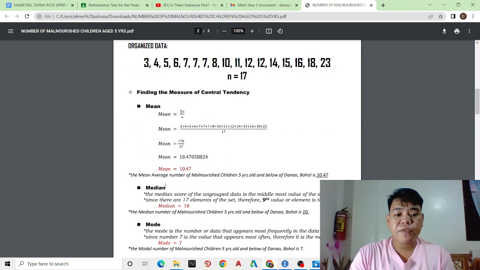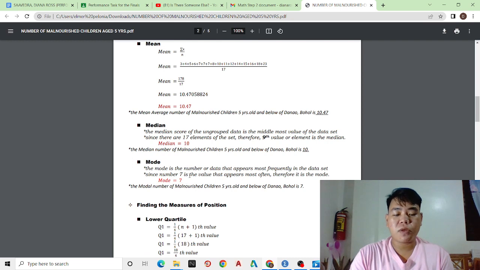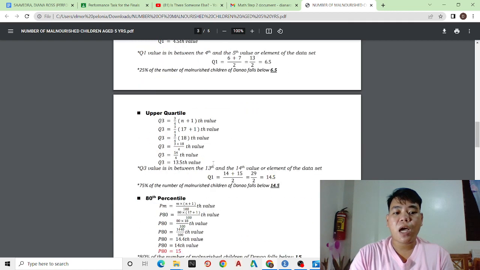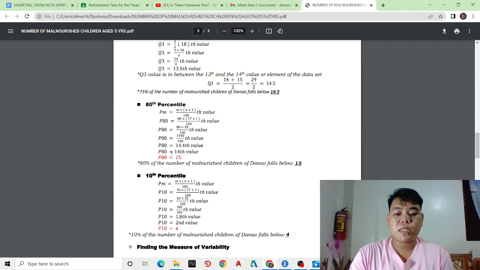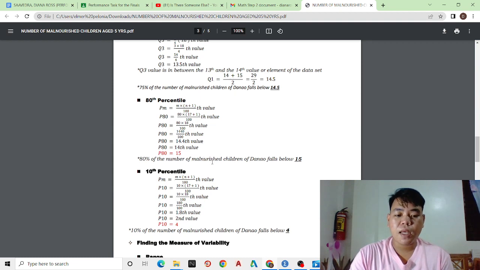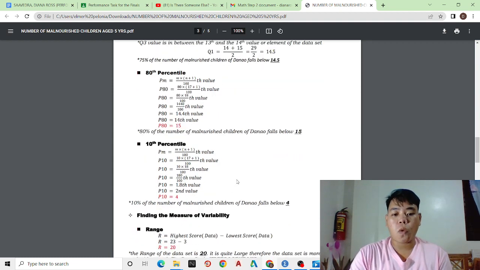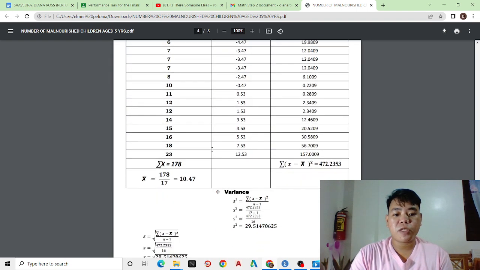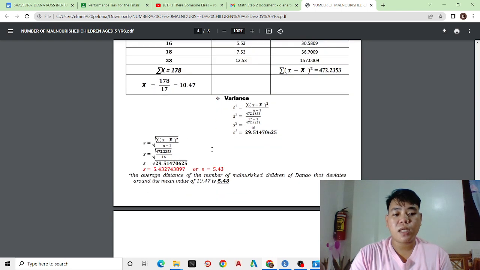I have here the mean, which is 10.47, median of 10, mode of 7, and the lower quartile or Q1, which is 4.5 value, equivalent to 6.5, upper quartile or Q3 equal to 14.5, 80th percentile, which is 15, 10th percentile, which is 4, range of 20, and here's my computation of variance and standard deviation of 5.43.